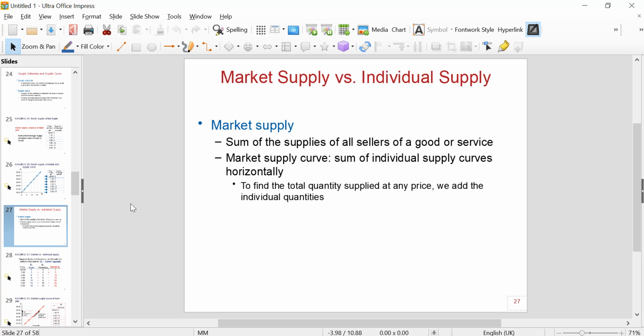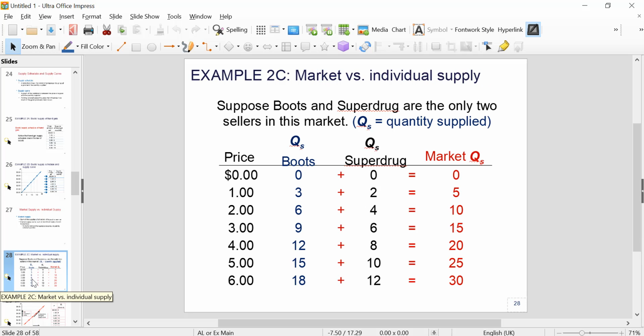Now, the market supply is the sum of the supplies of all sellers. Each individual supplier's quantities are added together to give us the market supply. Let's look at an example. This is the market supply for hand gels, and we assume that this time the market has only two sellers, Boots and Superdrug.